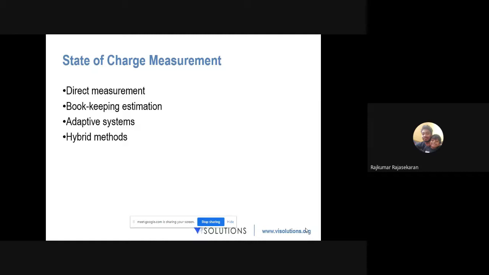There are plenty of ways to estimate the state of charge. We make use of either a direct measurement. Even though we measure it directly, we are going to use some formula to convert this measured data to the actual value of state of charge. We also tend to make some bookkeeping estimation. That is, we will map the value of 100% charge to a particular voltage, and 0% to another particular voltage.